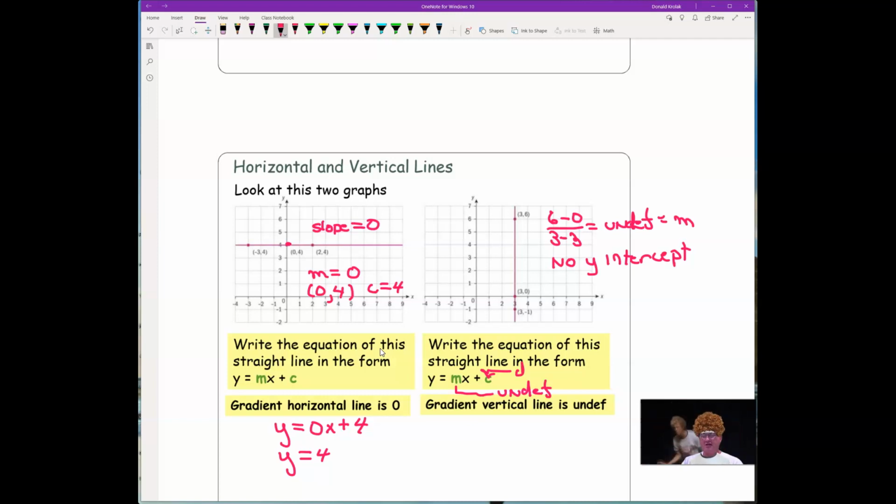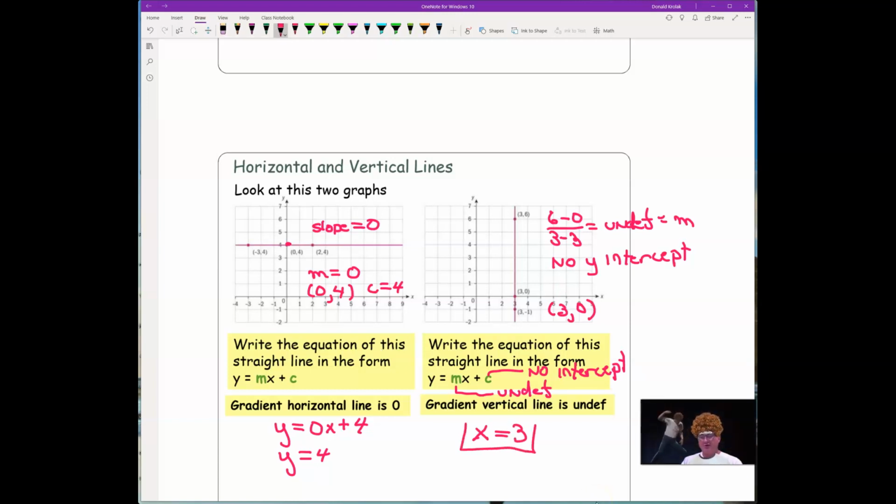There is no c value, there's no y-intercept. So a vertical line is going to be x equals whatever the coordinate is of the x-intercept. In this case, the x-intercept is 3, 0, and we usually represent that using a b in this case, and that would be 3.